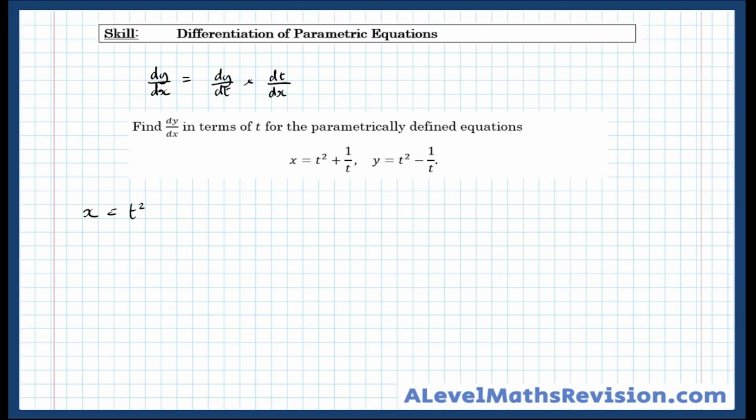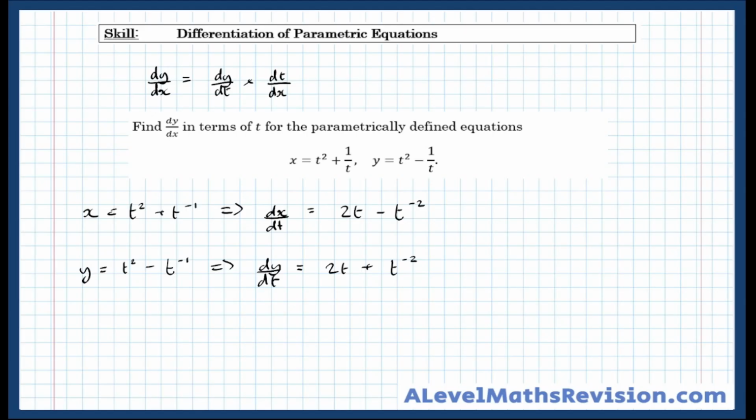So t squared plus t to the minus 1 is x, and that means that dx by dt is equal to 2t minus t to the minus 2. Y equals t squared minus t to the minus 1, which means that dy by dt equals 2t plus t to the minus 2.